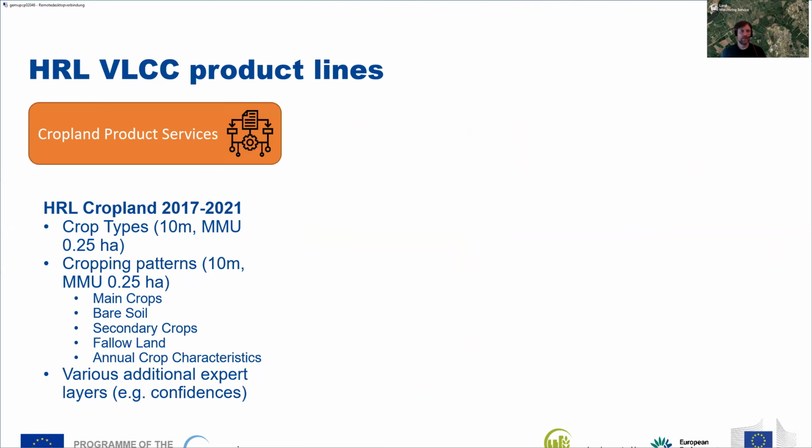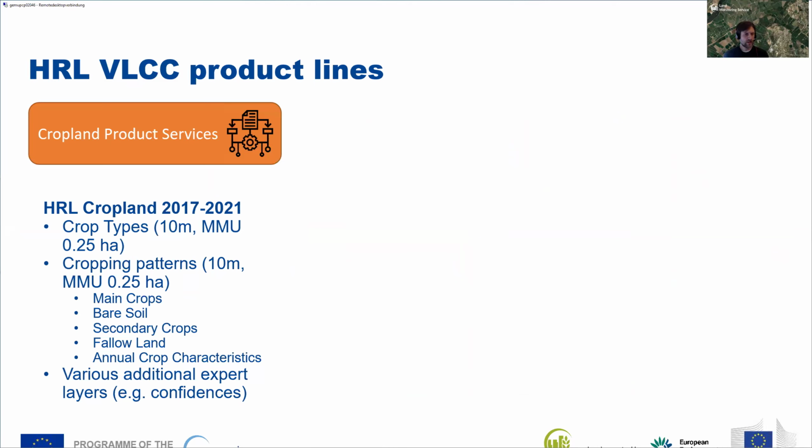To summarize the available products within the new VLCC product line, as I mentioned before, the cropland product services are new in the HRL portfolio. Here, the main status layer is the crop type product, which has a spatial resolution of 10 meter and also a minimum mapping unit of 0.25 hectare.